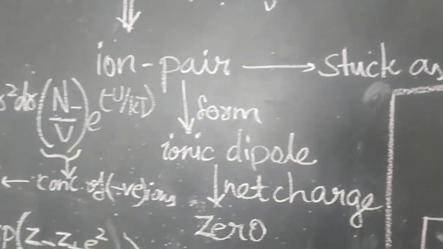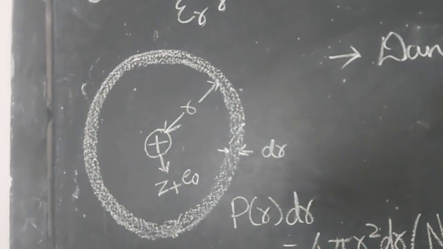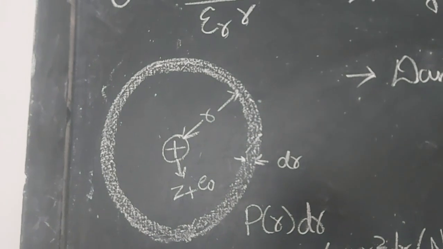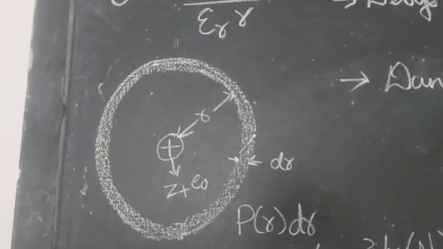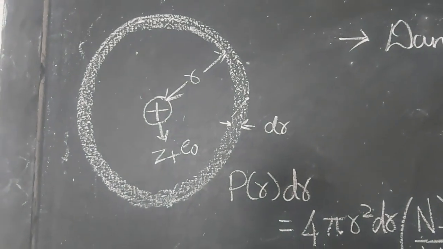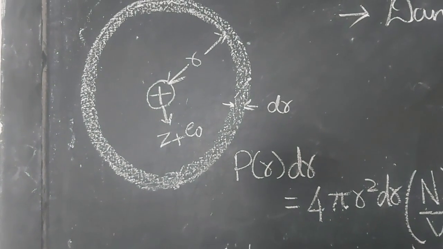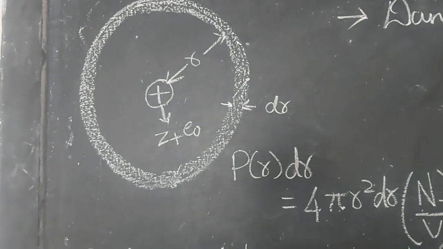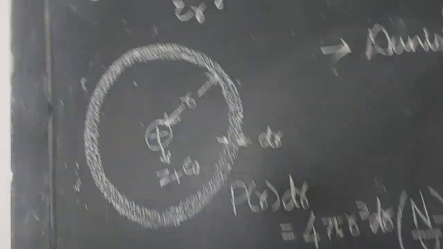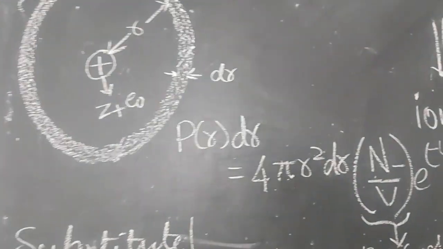So let us consider a spherical shell which has a thickness of dr and radius of r, which has a reference electrode as a positive ion, z plus e naught, in the center as a nucleus in a solution. Let us consider the probability at the radius of the spherical shell.